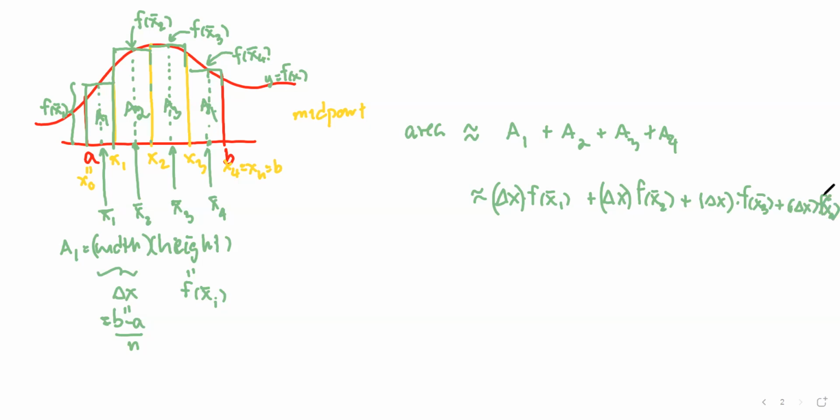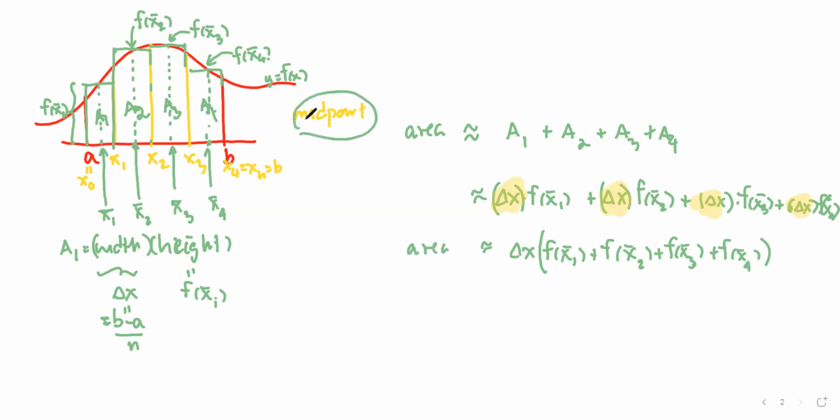As you see, all of them have the common factor delta x, so you take it out of the group. So this is delta x multiplied by the function at the first x bar, the second x bar, the third x bar, and the fourth x bar. So this is the area from the midpoint approximation, and they have the common delta x.